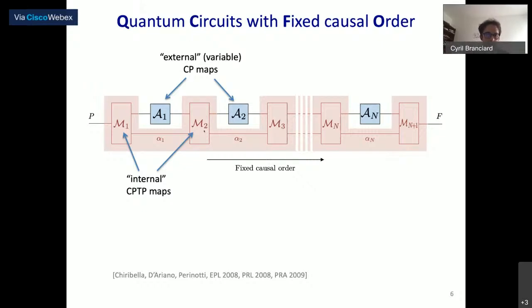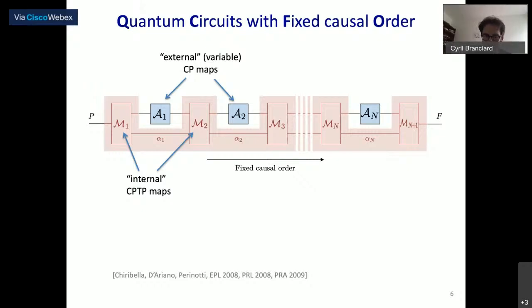And inside the circuit, there are those fixed operations, M1, M2, up to M_{N+1}, which here I will consider deterministic, so these will be CPTP maps, trace-preserving maps. I could also generalize that, but for now, we'll consider that these are deterministic operations inside the circuit.